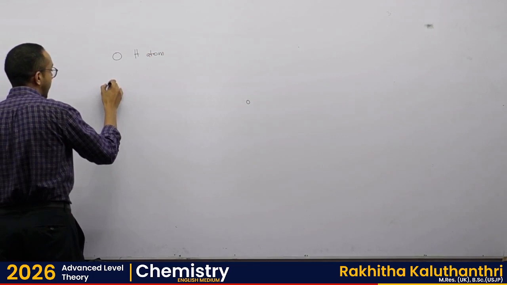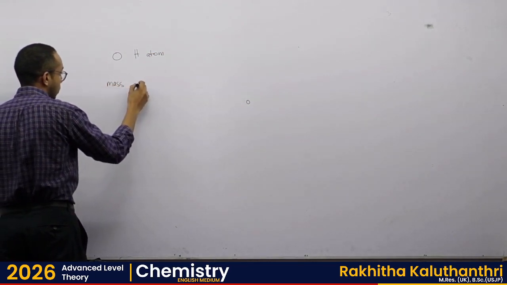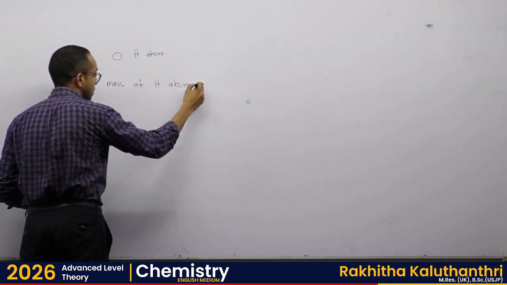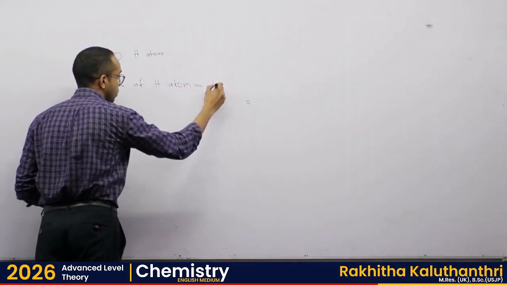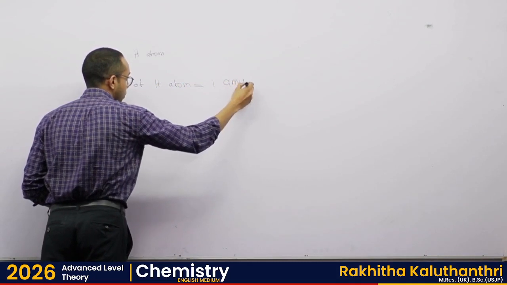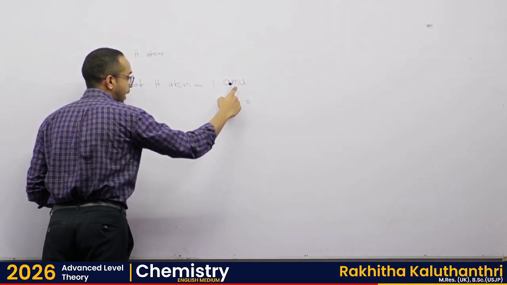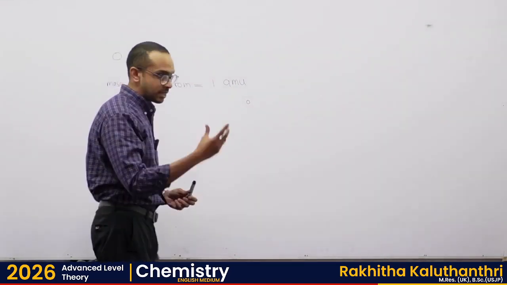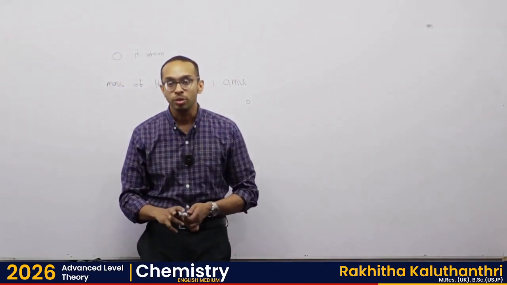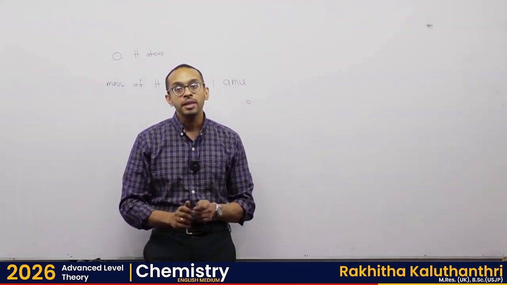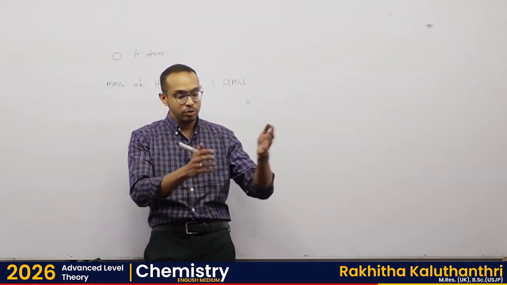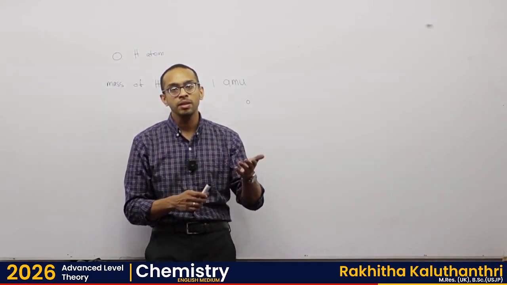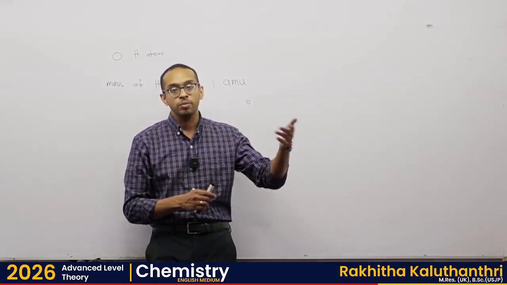We took the mass of a hydrogen atom as a unit, equals 1 AMU. AMU stands for atomic mass unit. So we took hydrogen as the atomic mass unit. Is that clear? And then we compared the other atoms' masses against hydrogen's mass and communicated the relative atomic mass of other atoms.